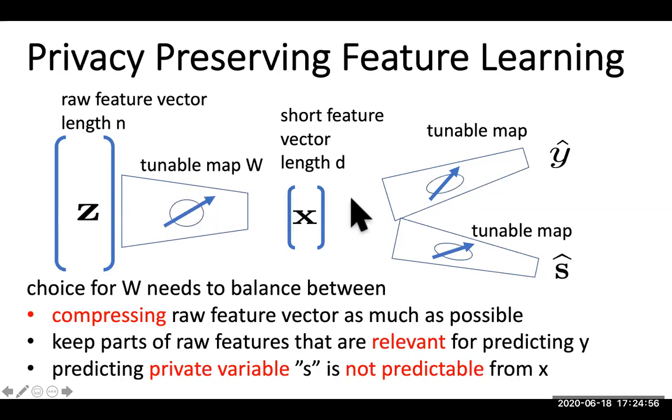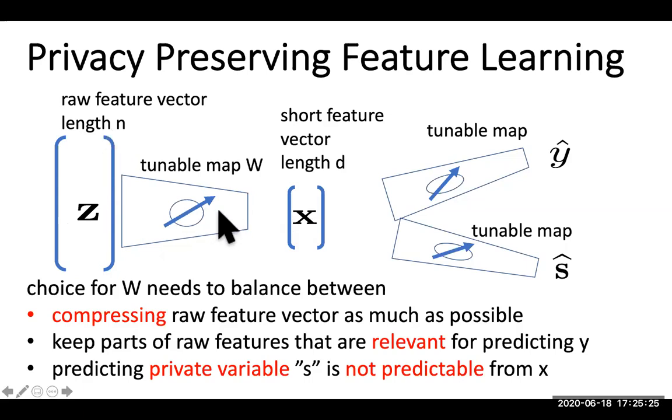The first purpose is to be able to predict the label or the quantity of interest. But there's another purpose, that is, we want to hide away any private information which is contained in the raw feature vector. So this new feature vector x should only contain anonymous data in some sense.